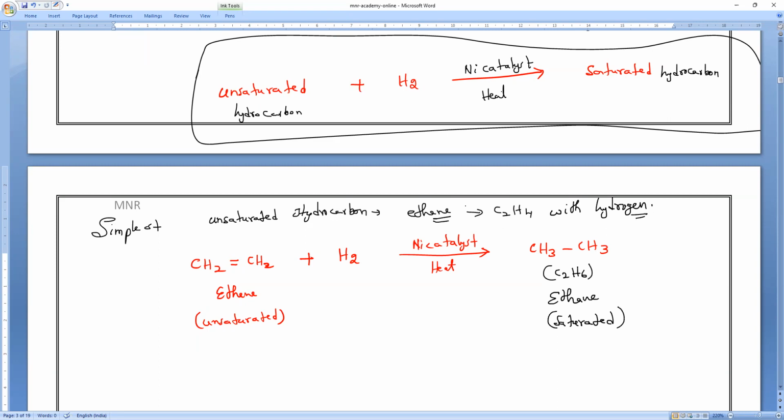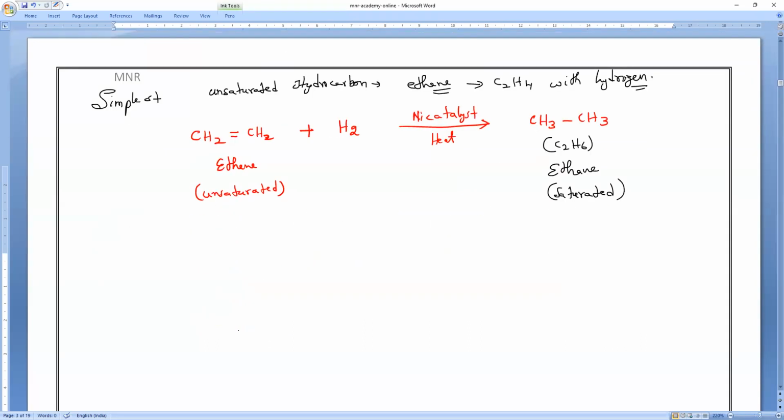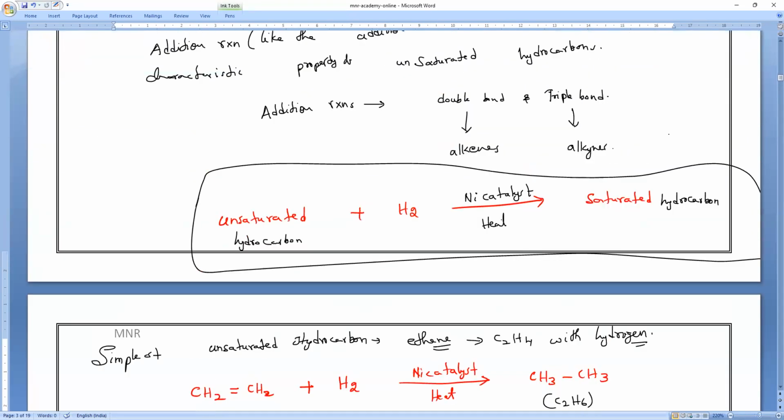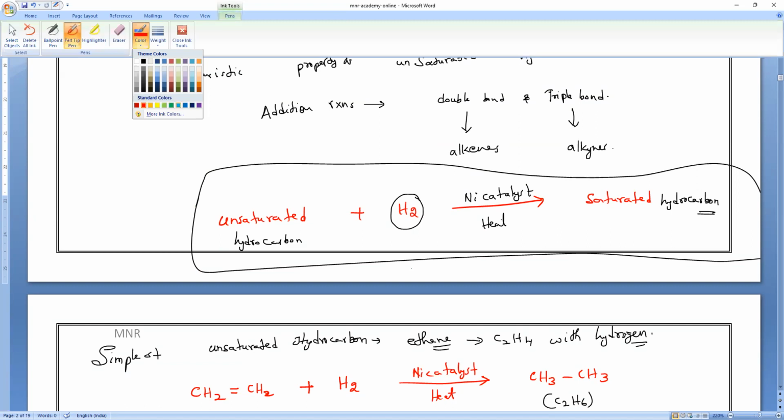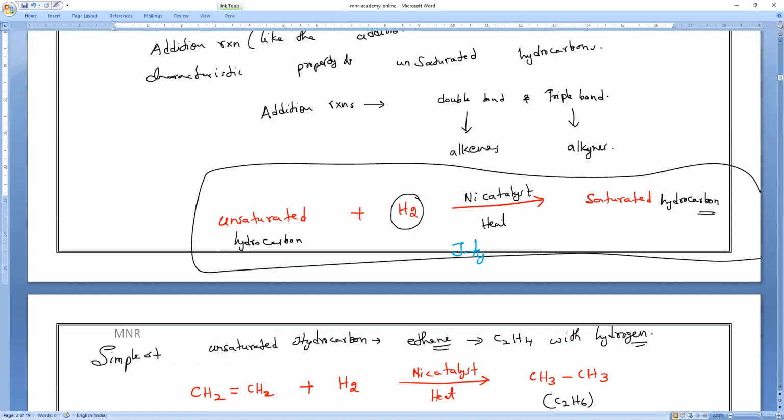So please remember that the addition of hydrogen to an unsaturated hydrocarbon to obtain a saturated hydrocarbon is an addition reaction. And whatever the unsaturated hydrocarbon, if you are converting it into a saturated hydrocarbon with the help of hydrogen, that chemical reaction is called hydrogenation.